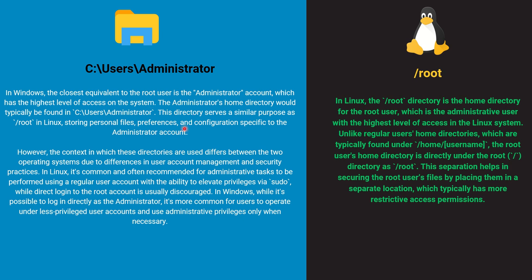But in Windows, the administrator's directory is not separated and isolated the way you see it in Linux. In Windows, it's simply under the users directory. But in Linux, it's under this main root directory. And the users' directory, we will discuss on the next slide.